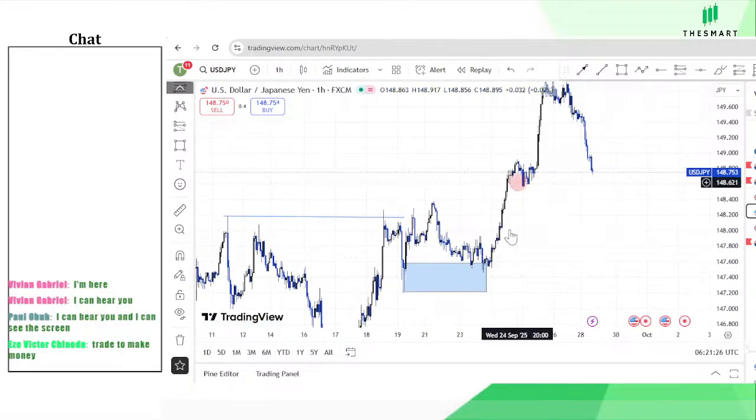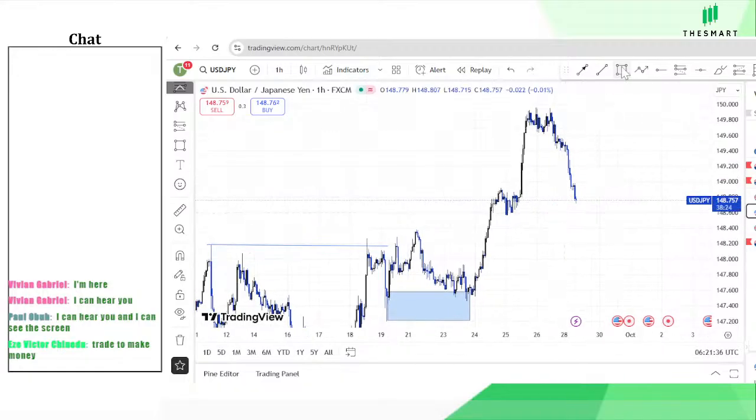After this break of structure to the upside at this point, we are expecting the market to come back to this other block here, and take another buy. So at this point, this is the current trade we should be looking at on USD/JPY.